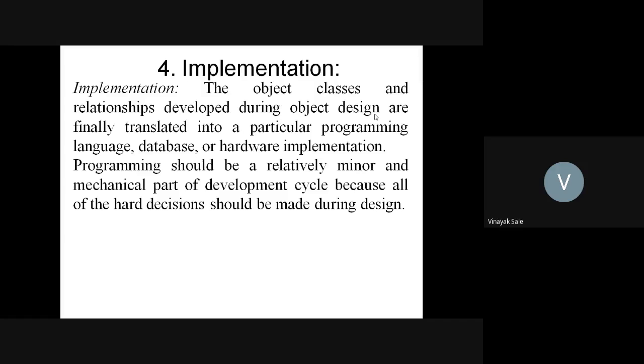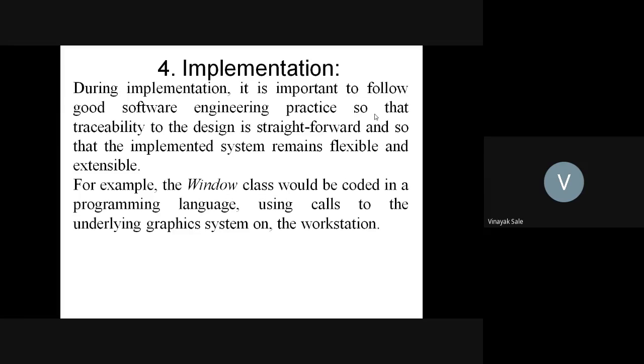Programming should be a relatively minor and mechanical part of the development cycle because all of the hard decisions should be made during design. During implementation, it is important to follow good software engineering practice so that traceability is maintained. What is traceability?